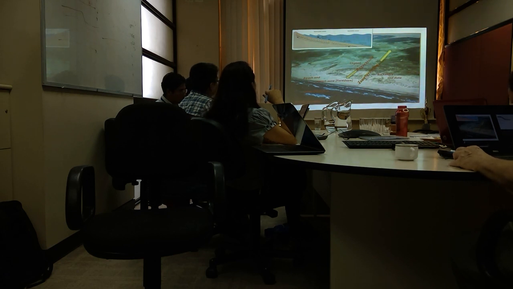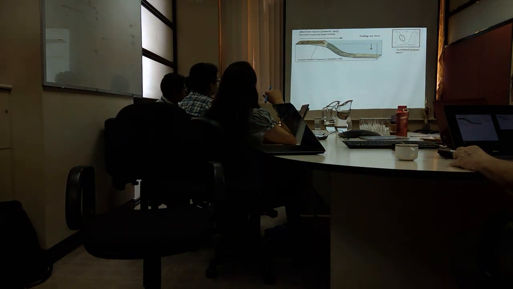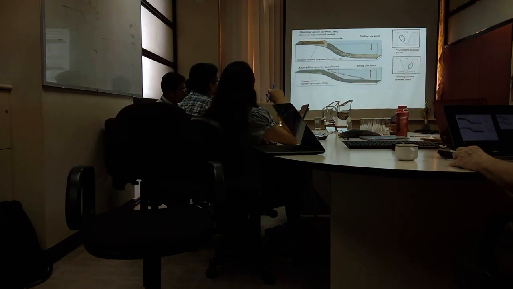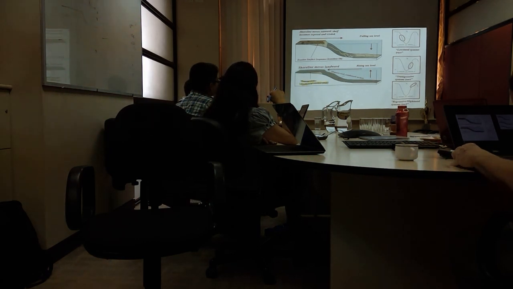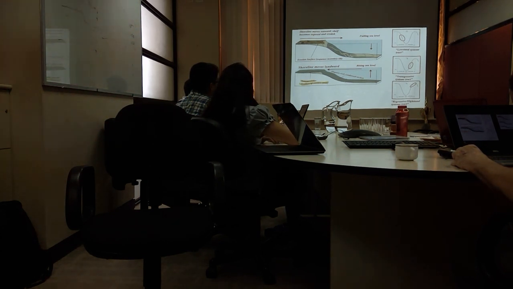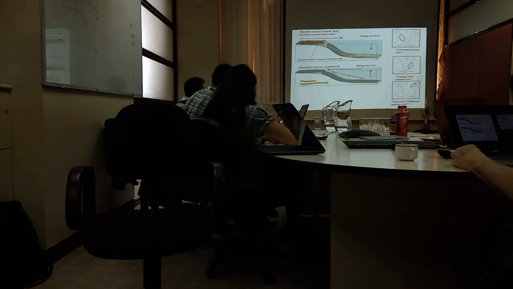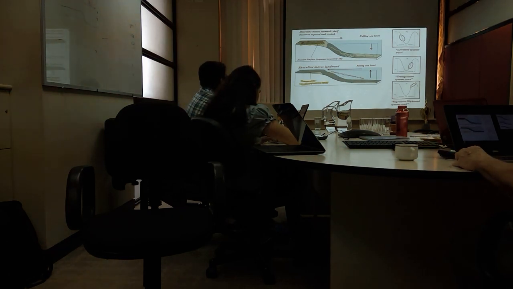We call that a transgressive surface of erosion. And to answer your question of the other day, here's the transgressive surface of erosion. It'll be sitting right on top of your sequence boundary.